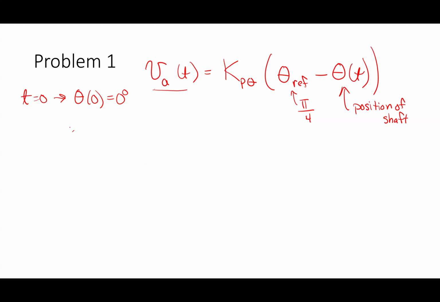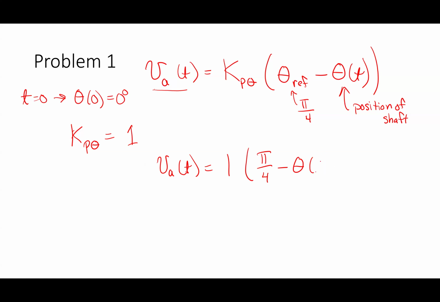So what I do in this problem is start out with setting this Kp theta equal to 1, just so that you have a known value. And so essentially VA of t is equal to 1 times pi over 4 minus theta of t.